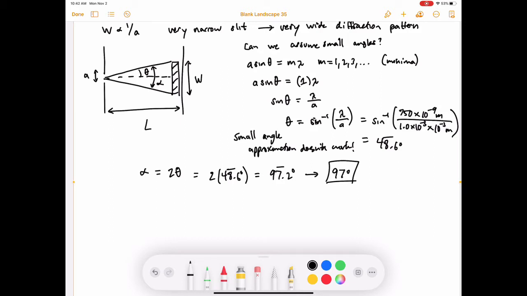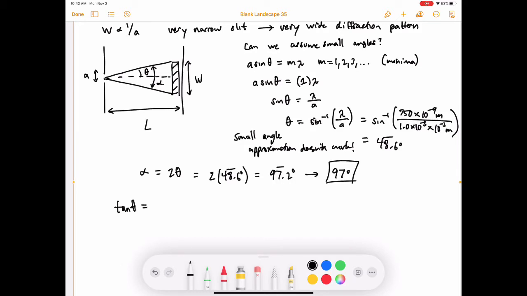Now, the next thing we can do if I want to actually solve for W is just like before. Let me just actually shade it in right here. We have a nice right triangle shown in red. And that right triangle can be analyzed in terms of the tangent function.